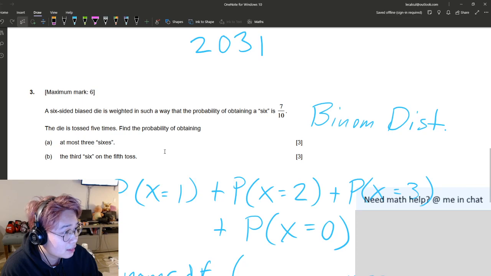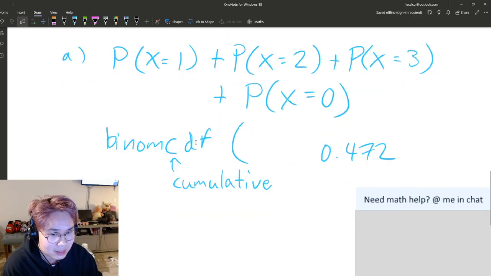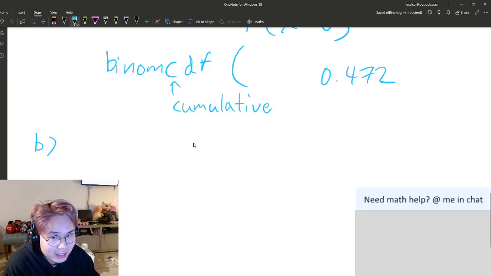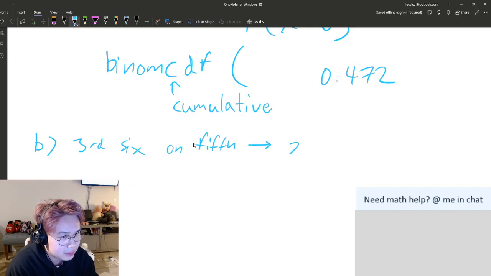Anyways, let's find the third 6 on the 5th toss. So there's a lot to unpackage here. The third 6 on the 5th toss basically means that you need 2 sixes in 4 trials.